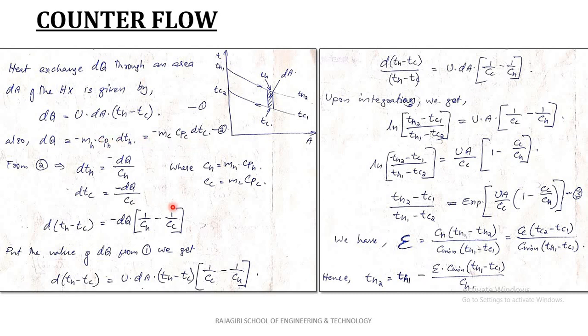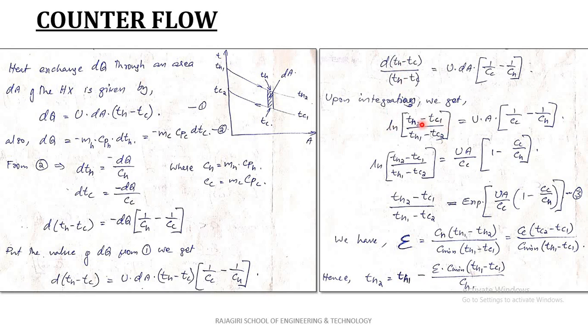Follow the same way as in the previous derivations. Take dTh and dTc, then d of (Th minus Tc), then substitute the value of dQ from this equation and rearrange the equation. Then integrate within the limits, area 0 to capital A, and the temperature from inlet to outlet point.